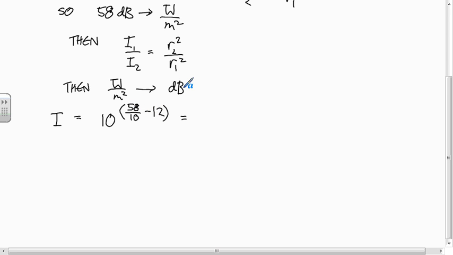Subtract 12 and you get, I have 6.3 written here. That's weird. It's 6.2 though. So 10 to the power of negative 6.2. Is it 10 to the negative 12 or is that minus 12? That's minus 12, but it's still in the exponent.